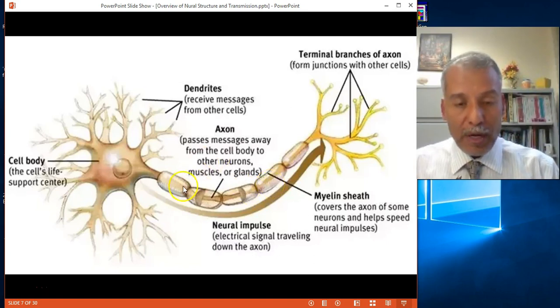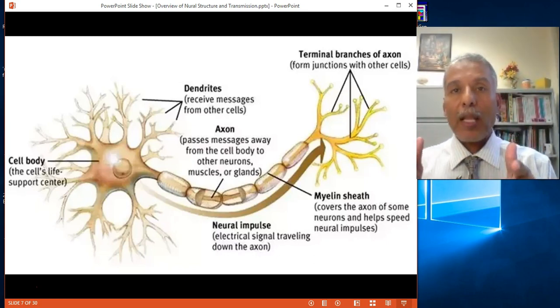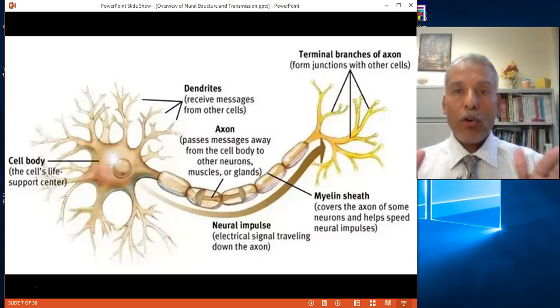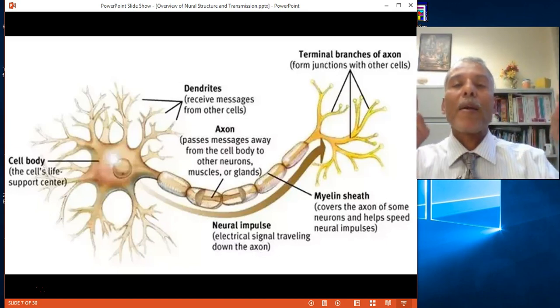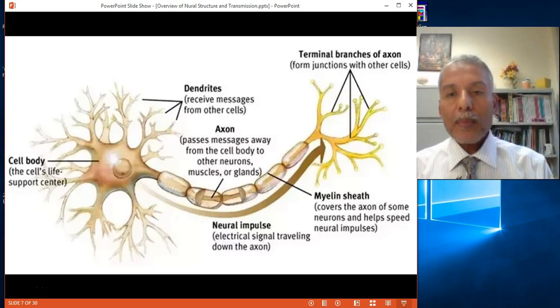What you see in front of you, each single segment of these that you see, is one single Schwann cell. Now, do you understand the difference between a Schwann cell and an oligodendrocyte? We know they are similar in the fact that both of them are a kind of neuroglial cell.